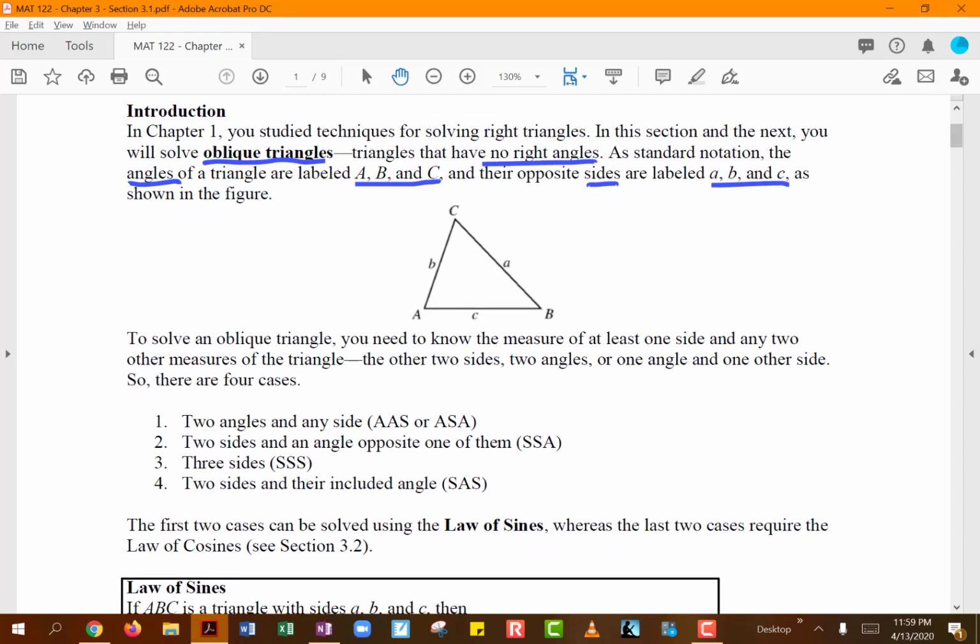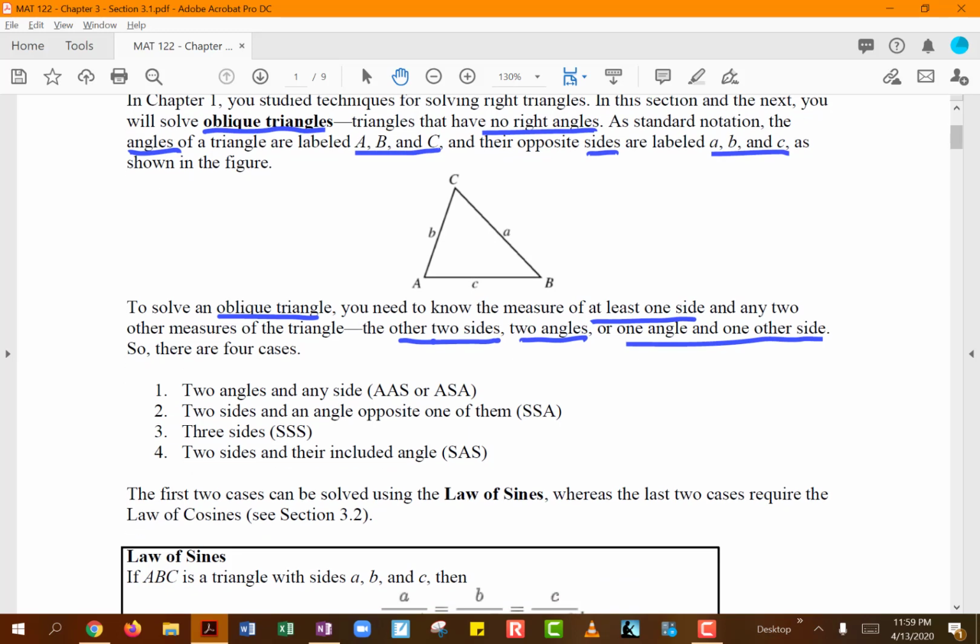Basically, when you're trying to solve an oblique triangle, you need to know at least one of the sides, and then you need two more measurements. So you can have two angles and one side, and depending on the order, you can have angle angle side, or angle side angle.